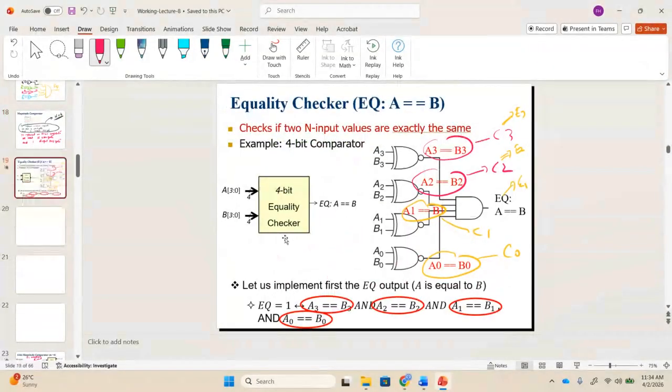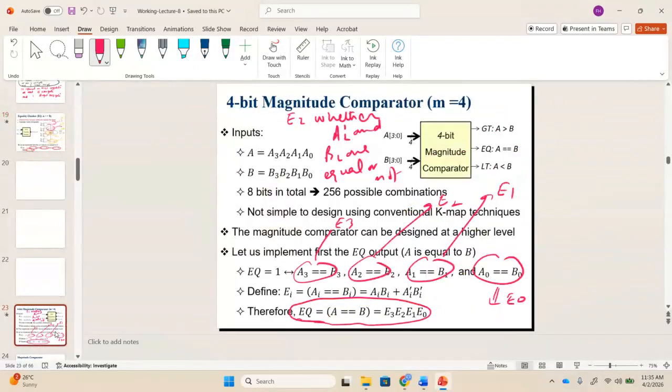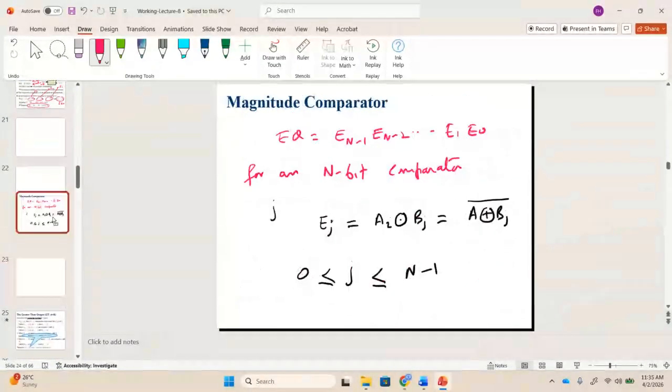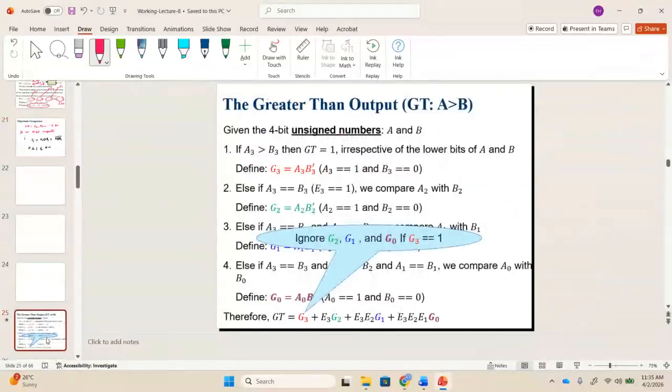Look at the slide, this is the same thing. a3 is equal to b3, this is e3, a2 equal to b2 is e2, a1 equal to b1 is e1, and this is how it works. This is already done.